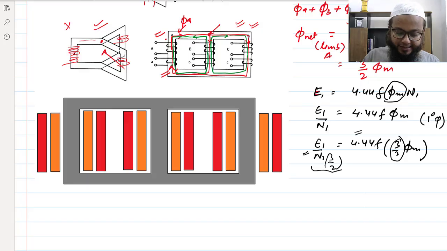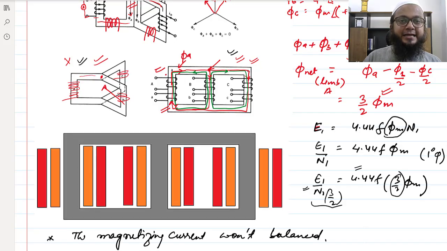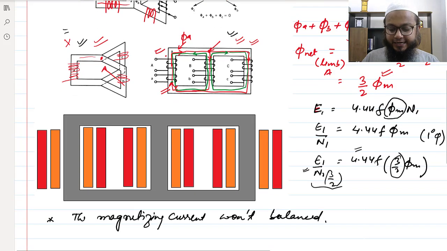The magnetizing current won't be balanced with this kind of arrangement. With the other kind of arrangement, the magnetizing current would be balanced, but it is difficult to manufacture. With this kind of arrangement, the magnetizing current is unbalanced, but the construction is easier.